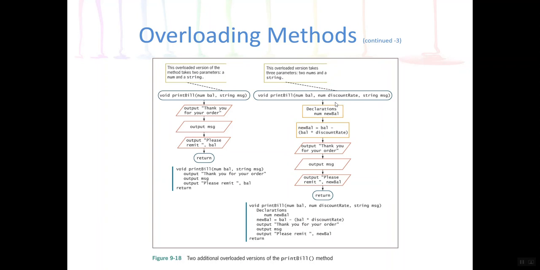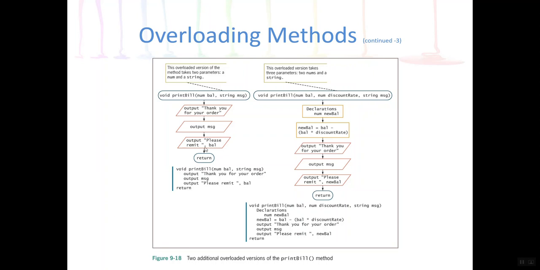Continuing with this example, maybe sometimes we want to print the bill, but in addition to the balance, we want to pass in a string message that has some sort of customized message that we want to print for the user. So this one is very similar to the first, says thank you for the order.